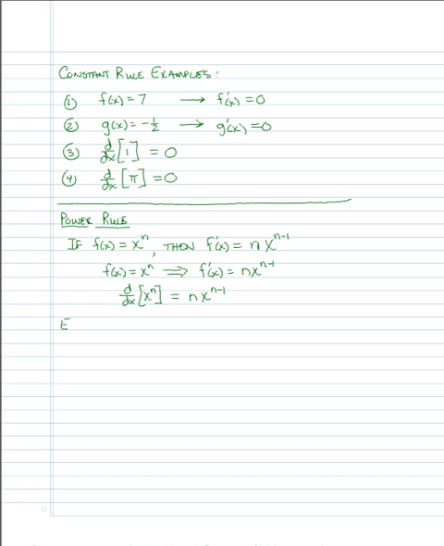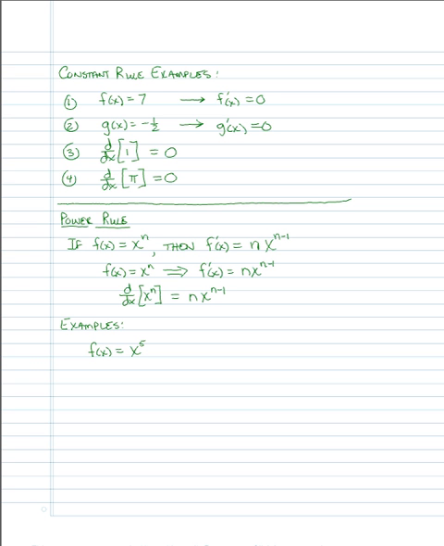And there's a wide variety of examples here. We'll start out with some very simple and straightforward ones. Suppose f of x is equal to x to the 5th power.